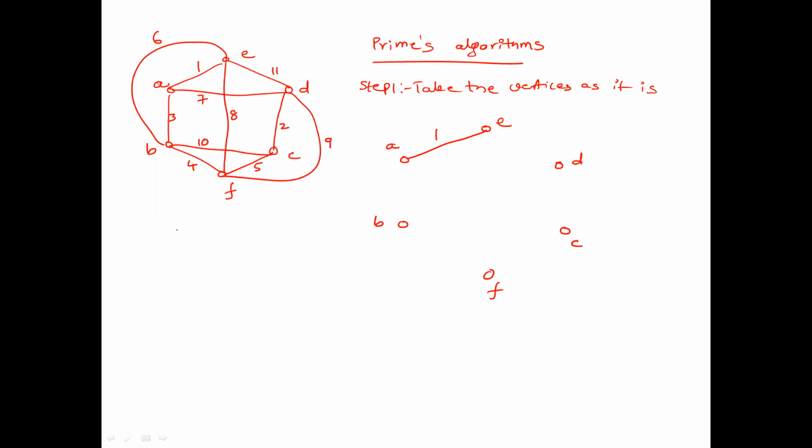Then next we consider only these two vertices, A, comma E. Observe, listen carefully. Once I add the first edge, the vertices that come into the picture are A, comma E, right?